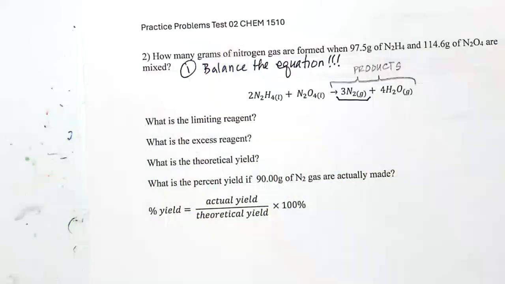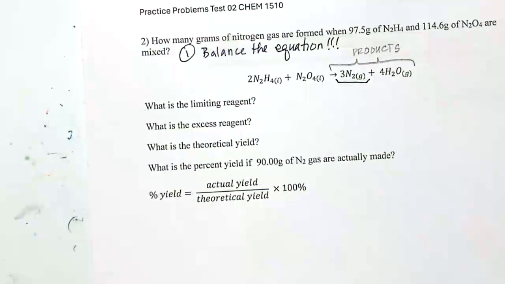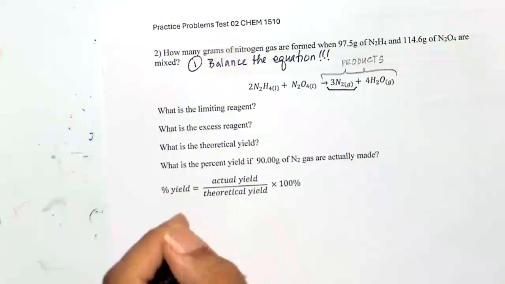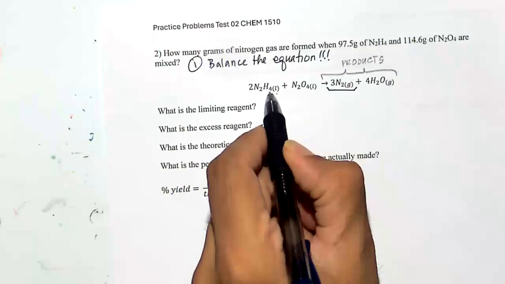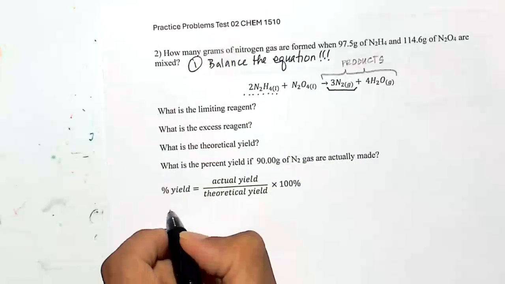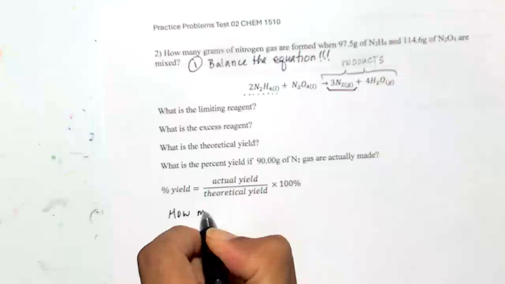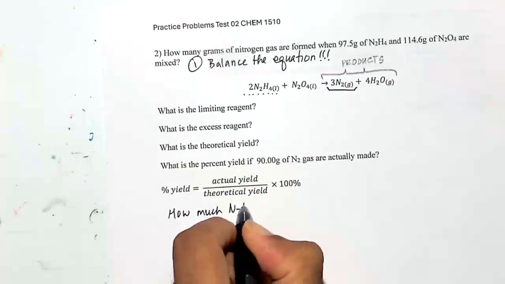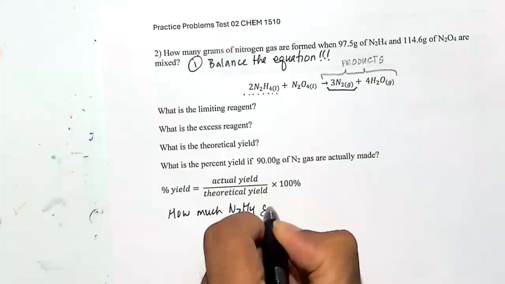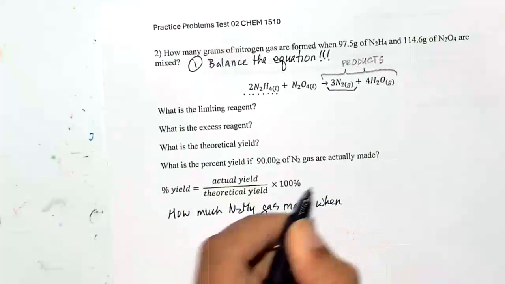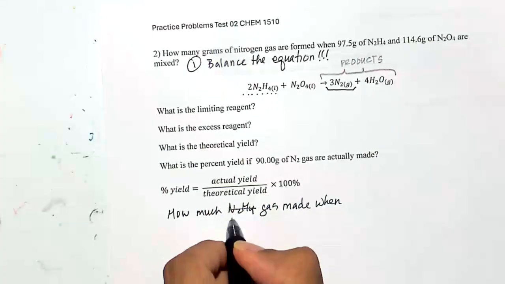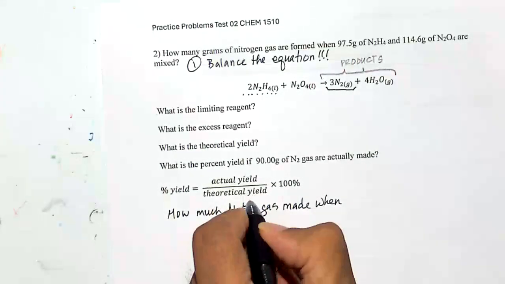So pick a product. Any product, we'll pick N2 gas. So how much N2 gas is made when all the N2H4 is used up? How much N2 gas, I'm sorry.